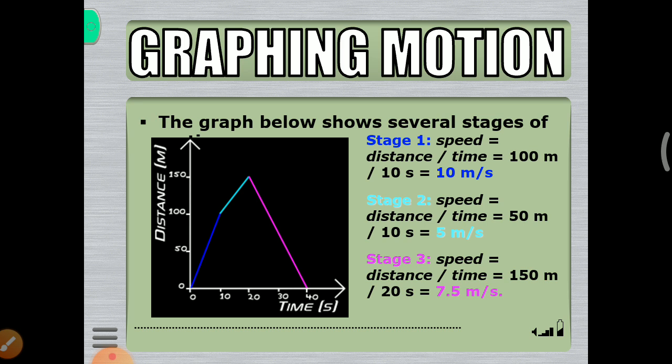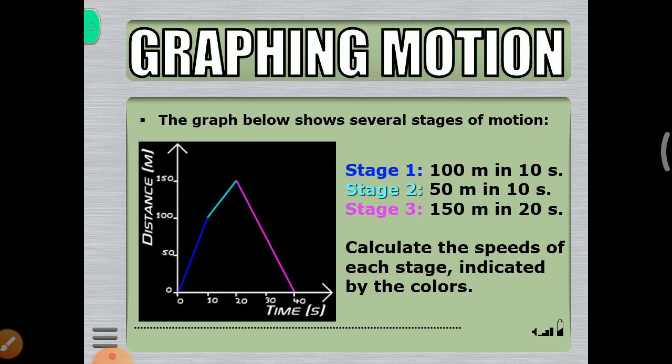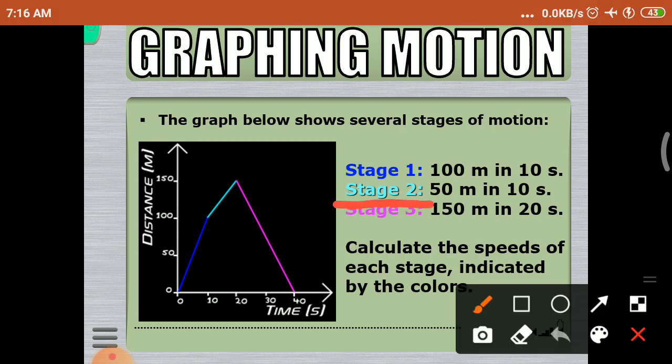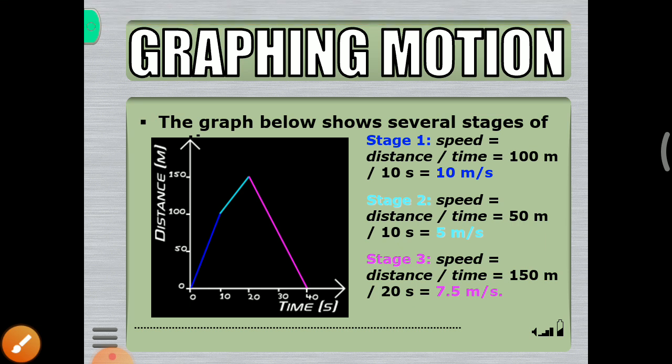In the second stage, the distance is 50 meter and the time is 10 seconds. So I substituted 50 meter per 10 seconds. If I divide, I get 5 meter per second.